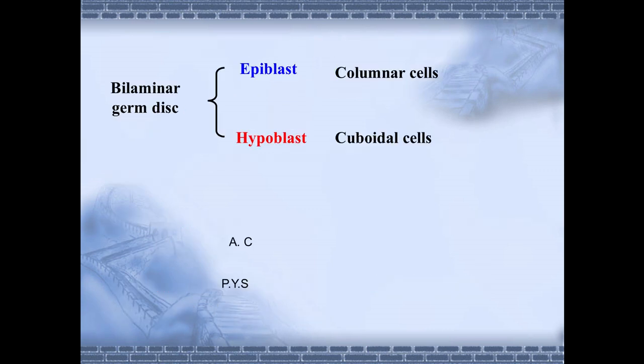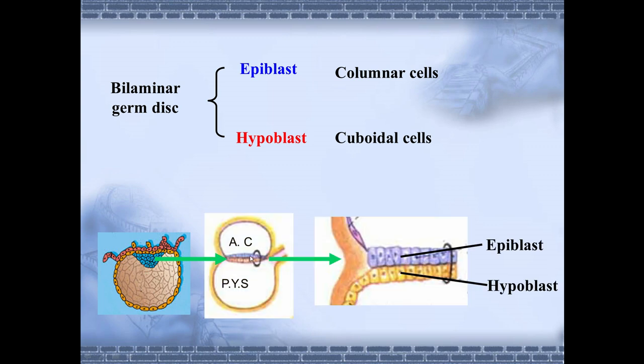See the bilaminar germ disc, epiblast and hypoblast. Epiblast consists of the columnar cells, hypoblast consists of the cuboidal cells. And remember, this is all by the inner cell mass. It forms the bilaminar germ disc, that forms the epiblast and hypoblast.